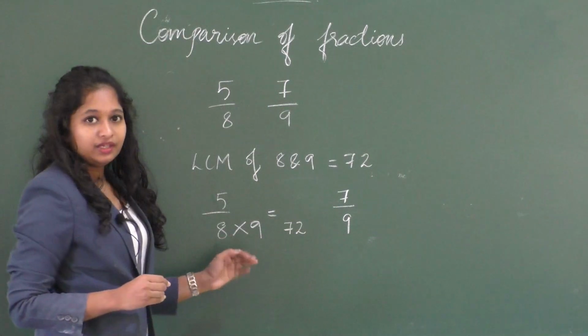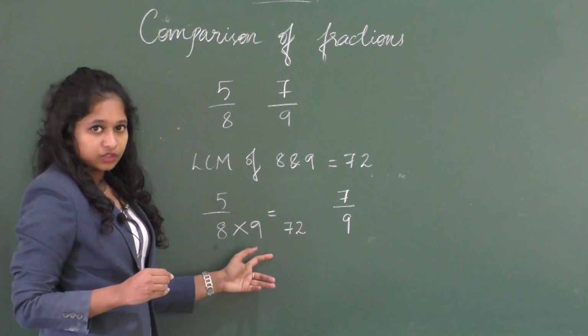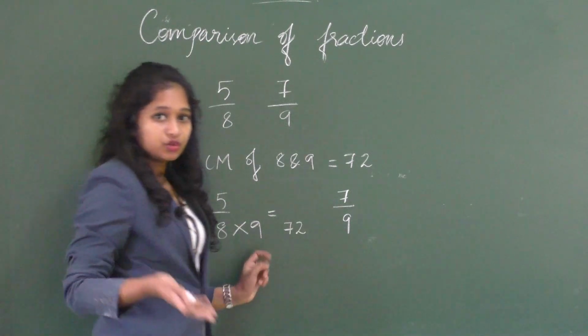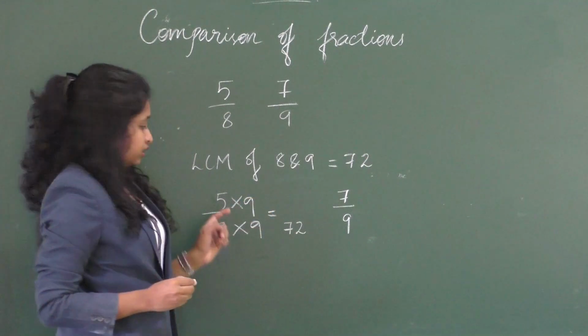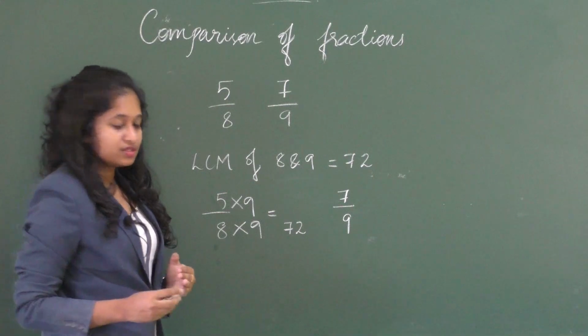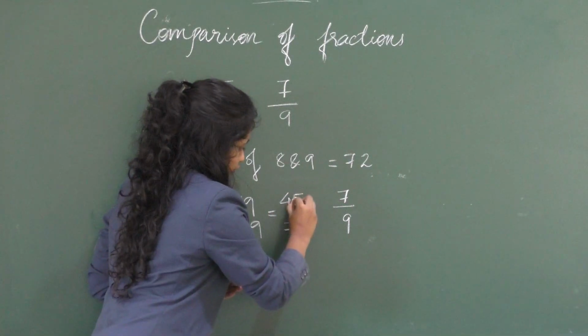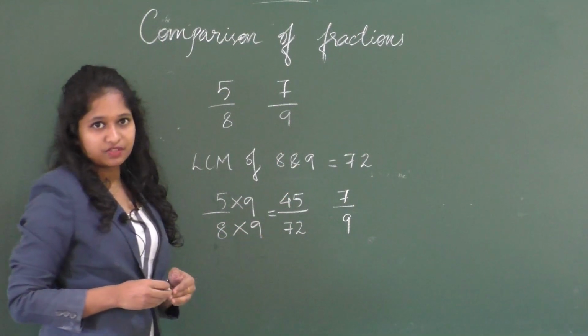When you multiply the denominator by 9, you have to multiply the numerator also. So, when you multiply 5 by 9, 5 into 9 is 45. So, we got 45 by 72.